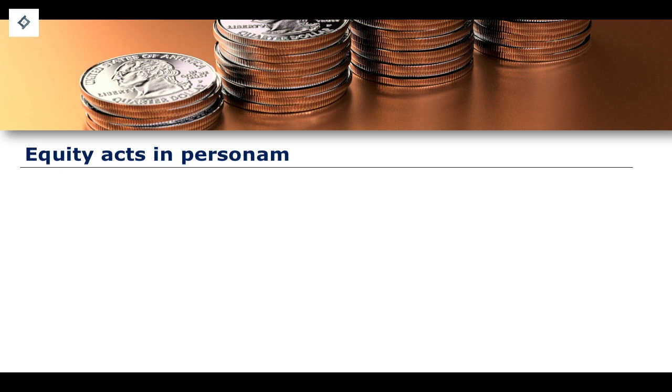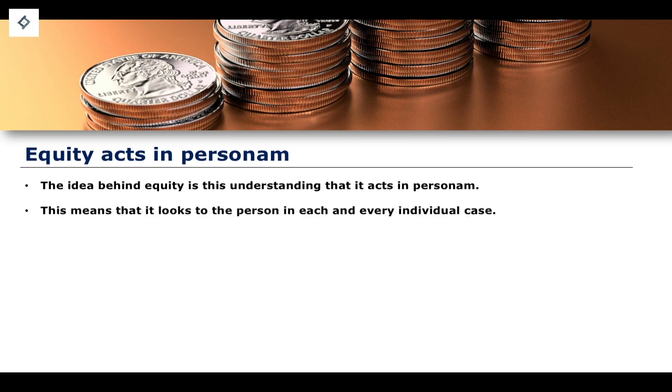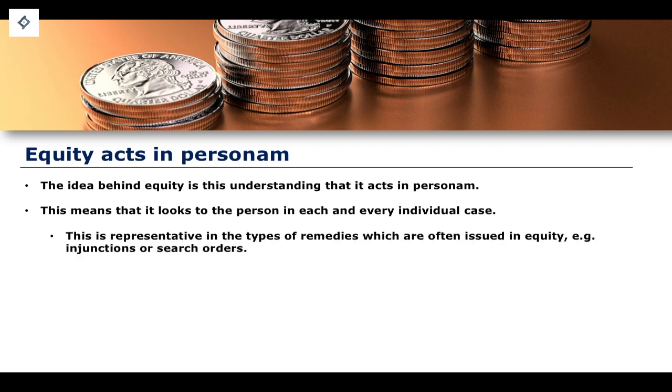Another very important maxim is the idea that equity will act in personam. The point behind this is to look at how equity applies to the individual specificities of each and every case. So we will see that in the types of remedies which are issued in equity, the idea is that we are not applying broad standards across classes of cases.